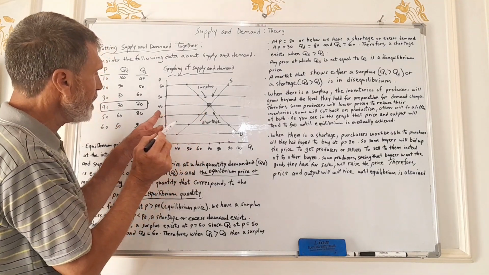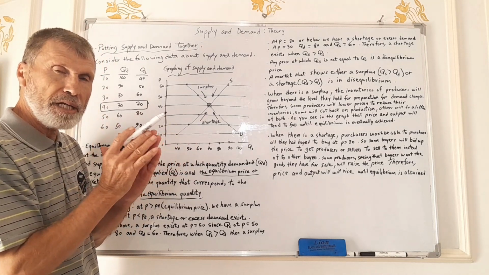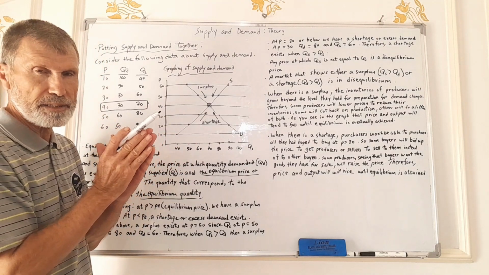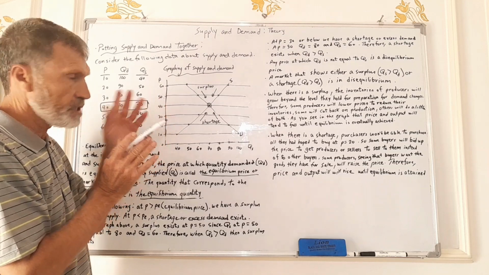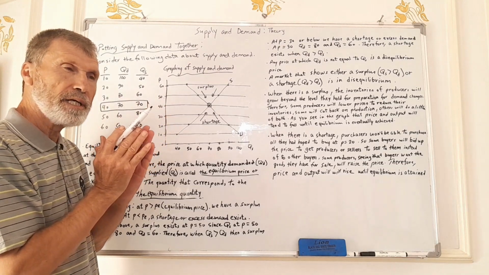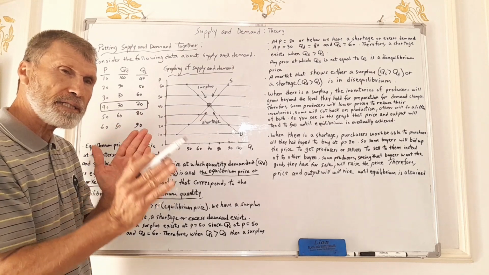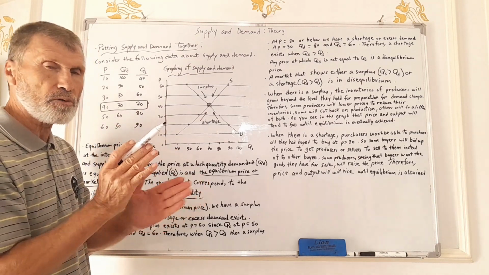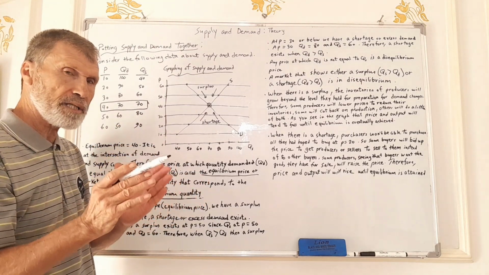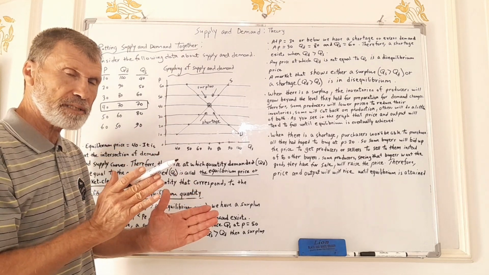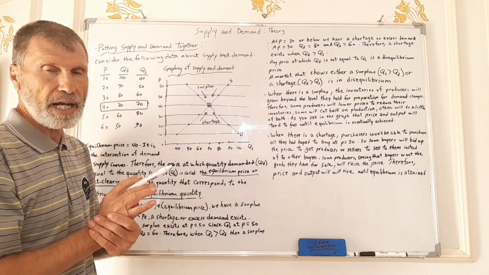So at P greater than the equilibrium price, such as 50 or 60, quantity supplied is greater than quantity demanded. So whenever quantity supplied is greater than quantity demanded, we're going to have a surplus or excess supply.